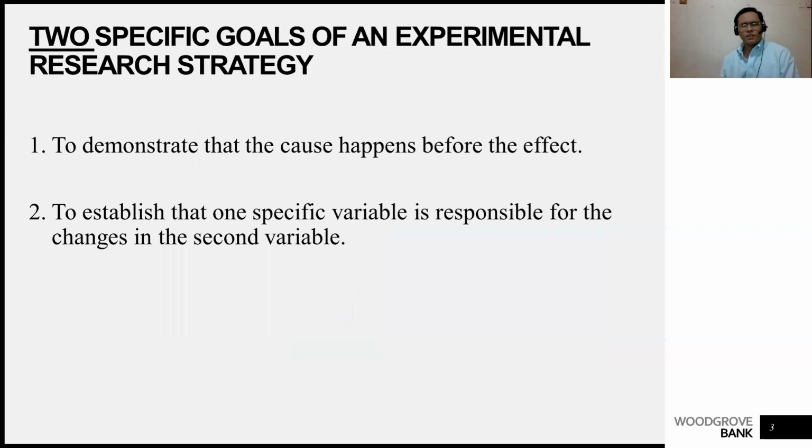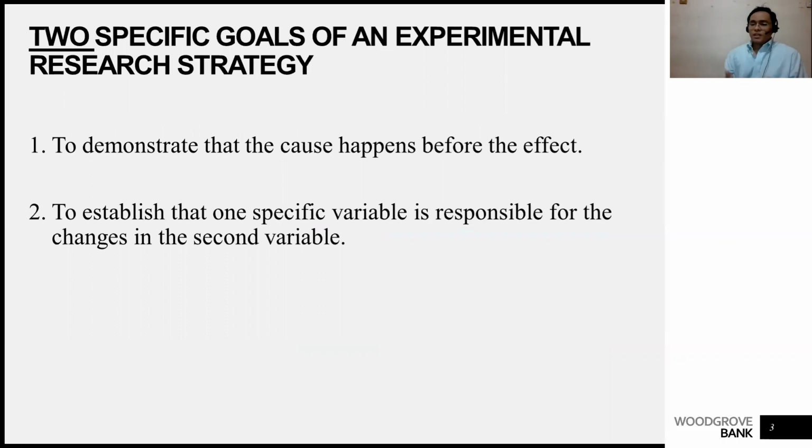There are specific goals of the experimental research strategy. Number one, it's to demonstrate that the cause happens before the effect. And number two, to establish that one specific variable is responsible for the changes in the second variable.